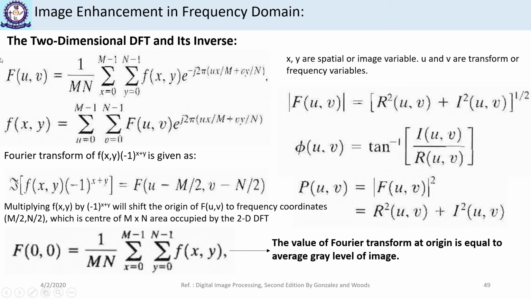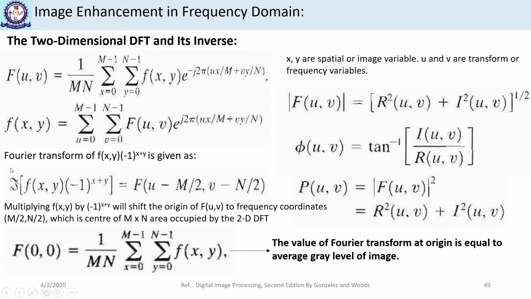Now if we want the origin of this Fourier coefficient to be shifted to the center of the plane of the image, then we multiply the original image by minus 1 raised to the power x plus y.